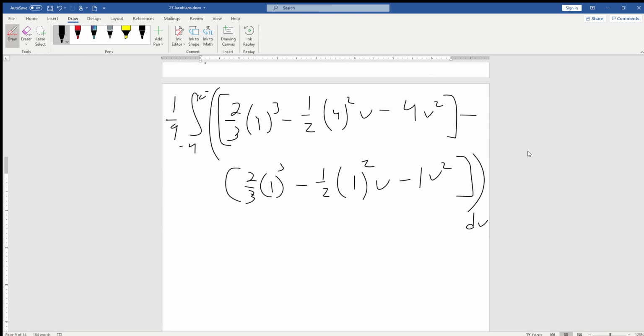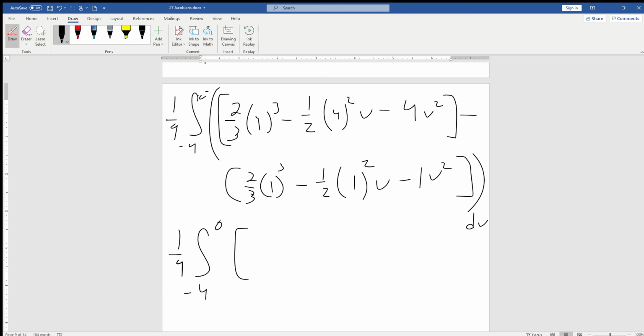Let me go ahead and compute that really quickly. So I end up with 1/9 integral negative 4 to 0.